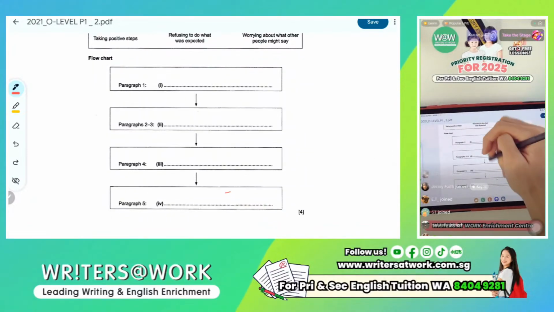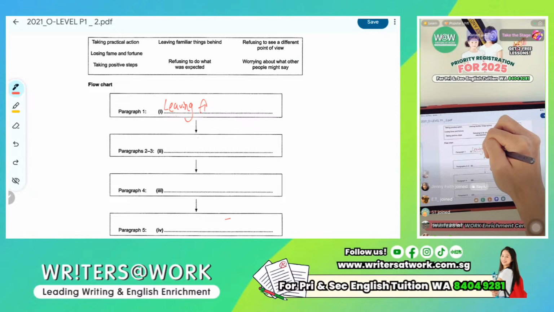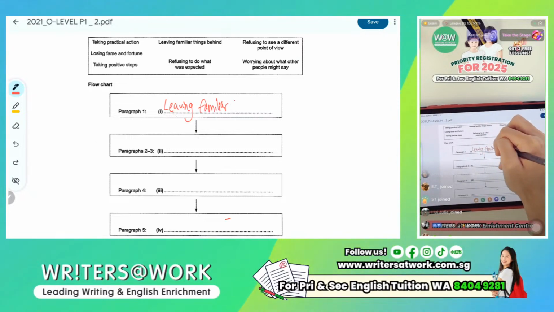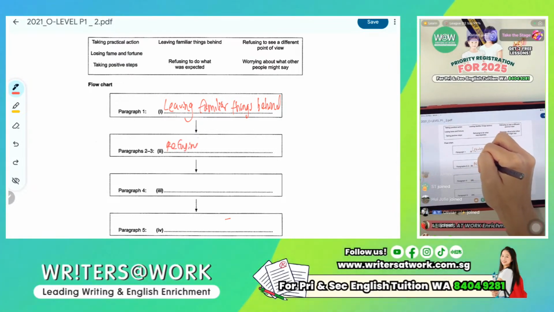So it will mean that she was leaving the familiar things behind. If you look at the second and third paragraph, we recall that she's supposed to go for the charity event, but she did not want to do so. So that would mean that she is refusing to do what was expected.